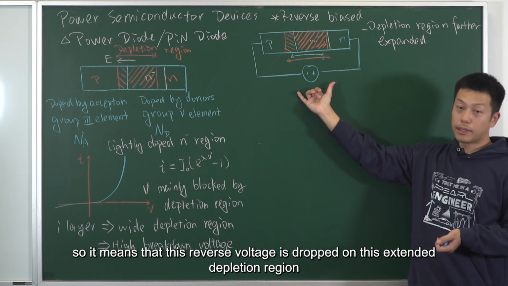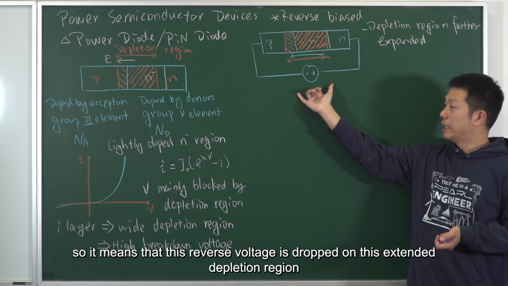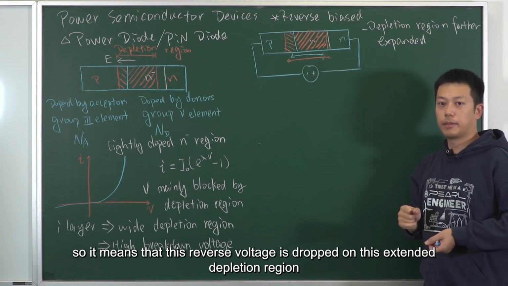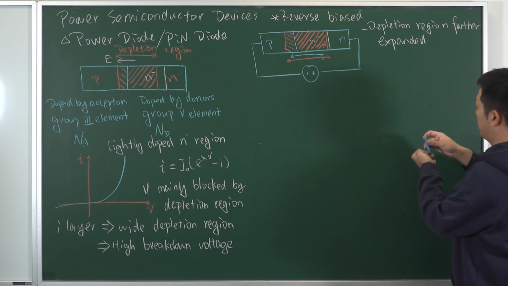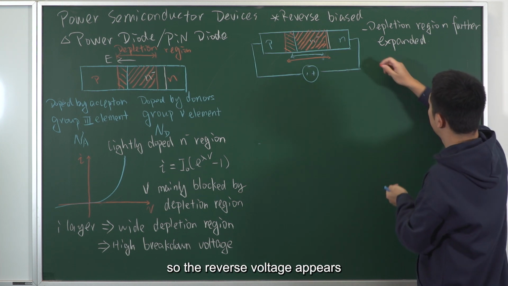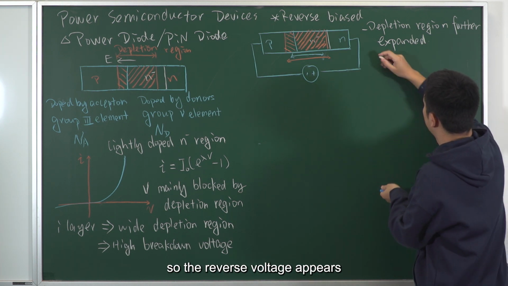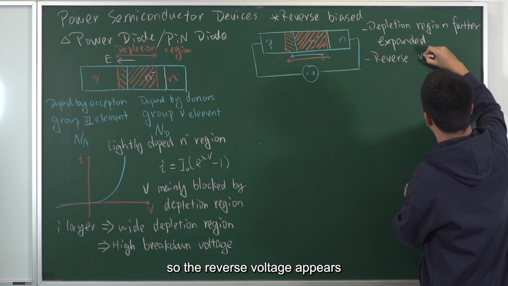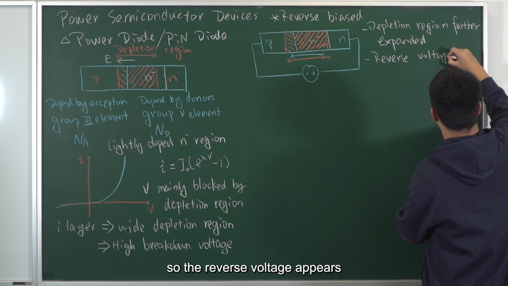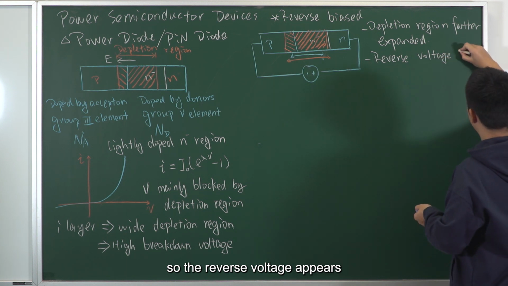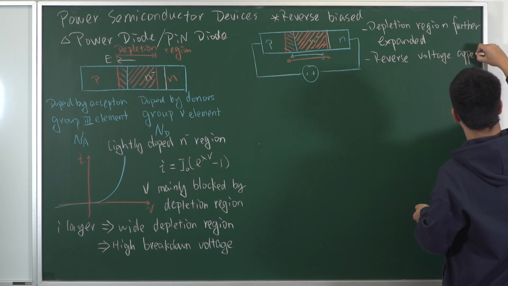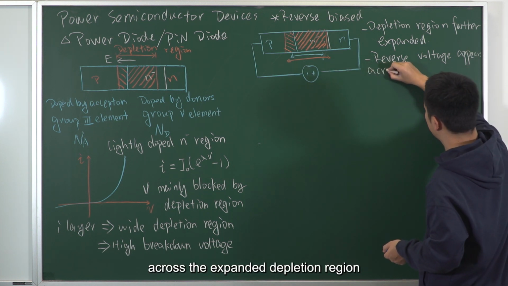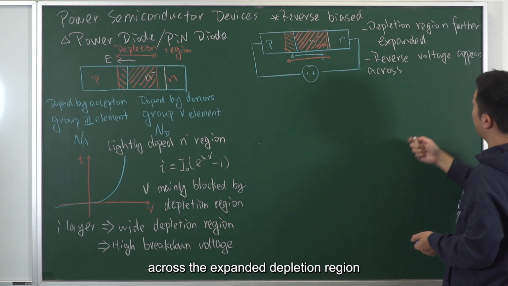So it means that this reverse voltage is dropped on this extended depletion region. So the reverse voltage appears across the expanded depletion region.